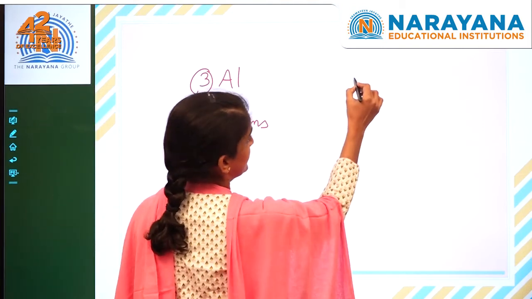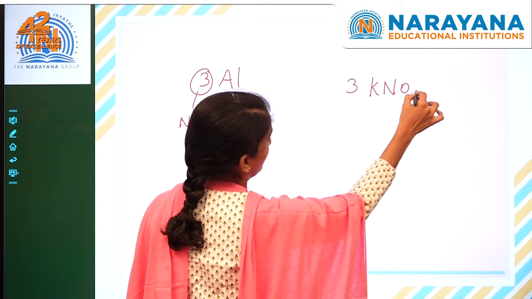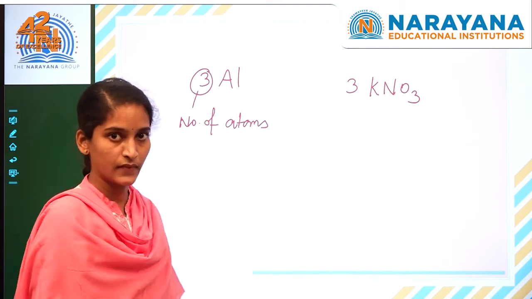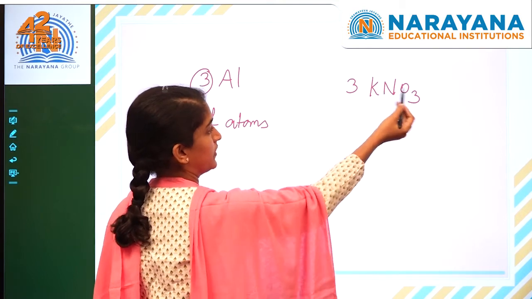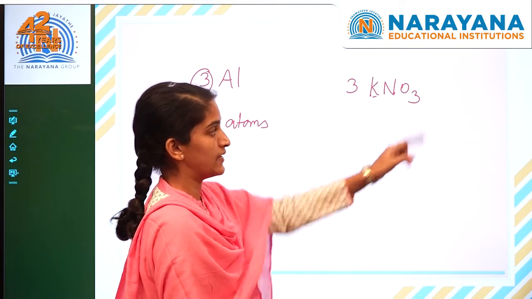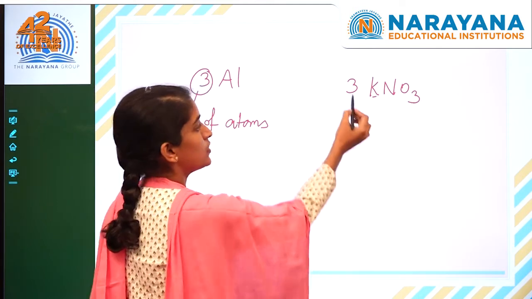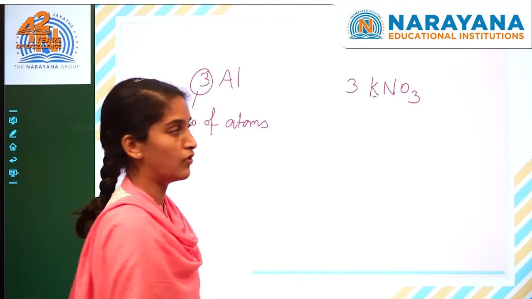So let us see another example. 3KNO3, potassium nitrate. It is a compound. See here, three different elements are chemically combined, so it is considered a compound. Here the numeral 3 is written to the left side of the chemical formula.